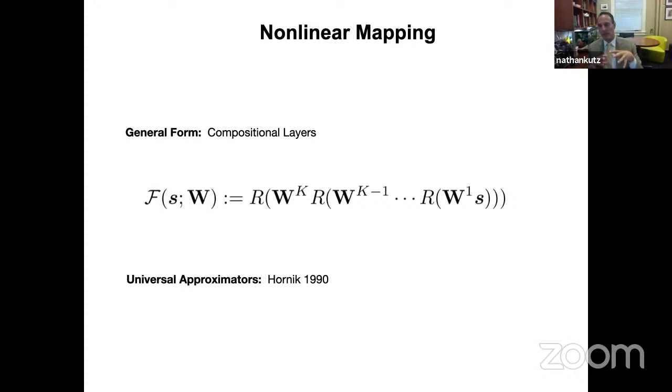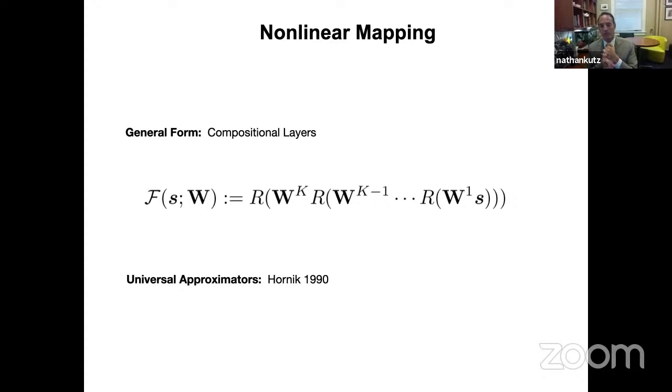Where the SVD is going to give you a linear map, a neural network is going to give you a very nice way to construct nonlinear maps. And so we're going to do exactly what we just did, except now, instead of the SVD playing the role of mapping from sensors to state space, I'll just build a neural network to do it.